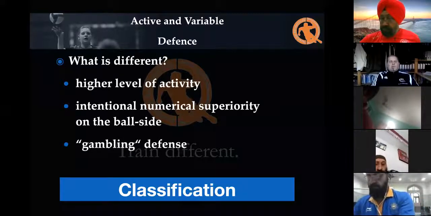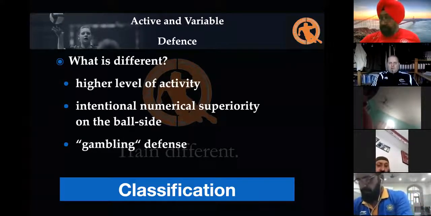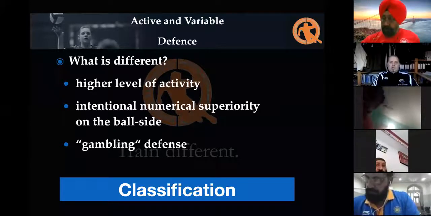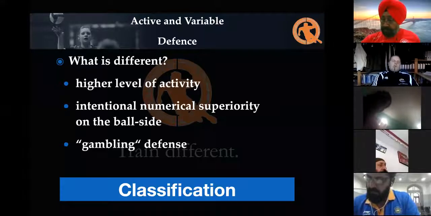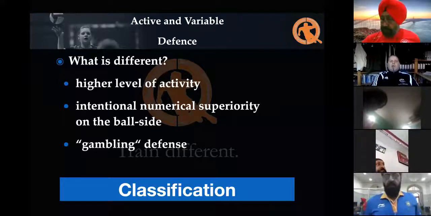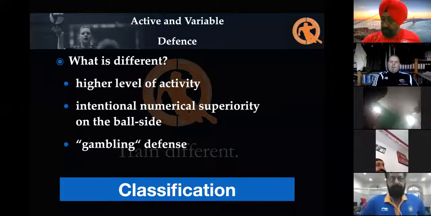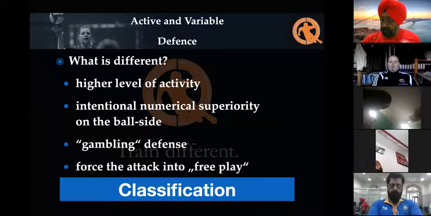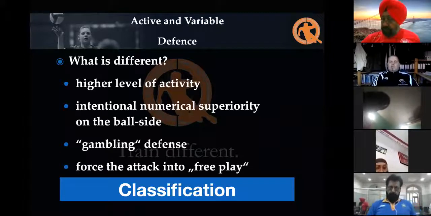Third is the so-called gambling defense. Always try to pressurize the players in attack, always try to work in a way that they cannot play like they want to, enforce them to react and enforce them into the free play.